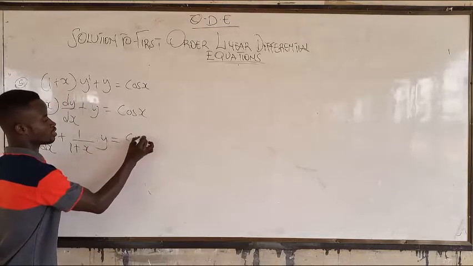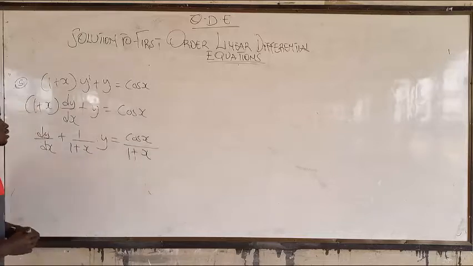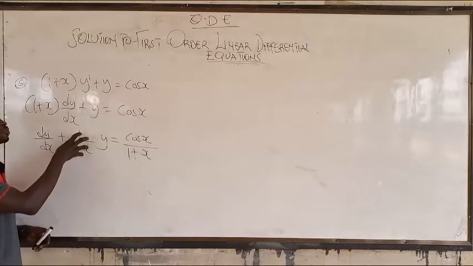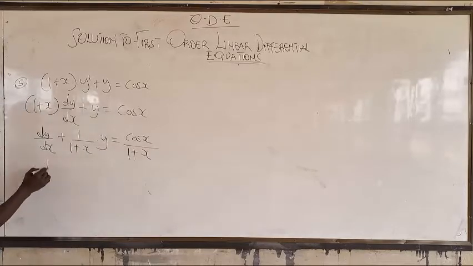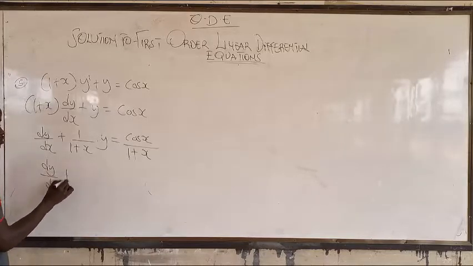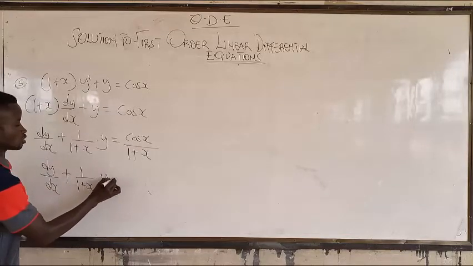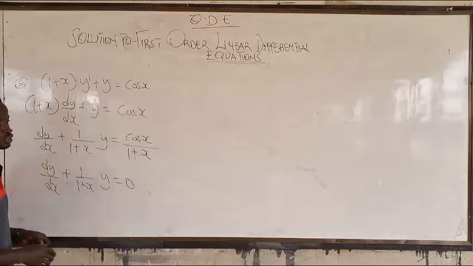And here, don't forget we divide by 1 plus x. Very good. So having this, we are in the proper form because this is the p of x, this is the q of x. Alright. So we write the homogeneous part. This is the non-homogeneous and this is the homogeneous.